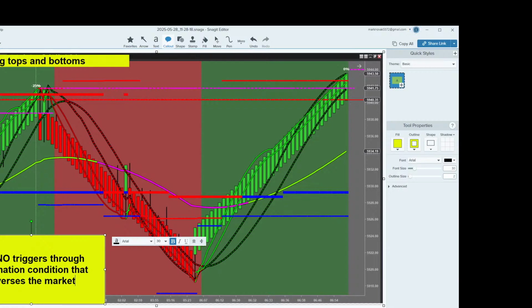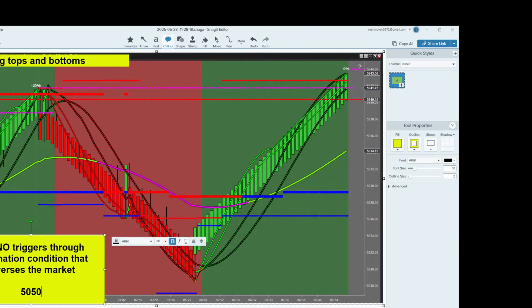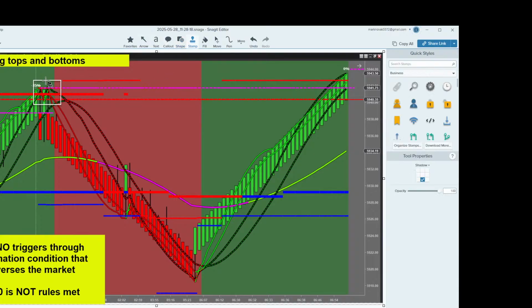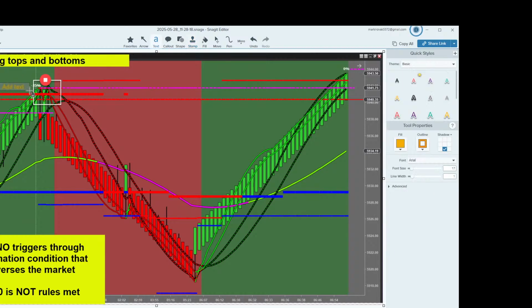So what that means is that (50-50) is not rules met, guys. So if your small triggers get through, it's not rules met. So it's a no triggers through termination. Right there. No triggers through. No more long trades. This is your termination. So far, so good? So first, it's a term.